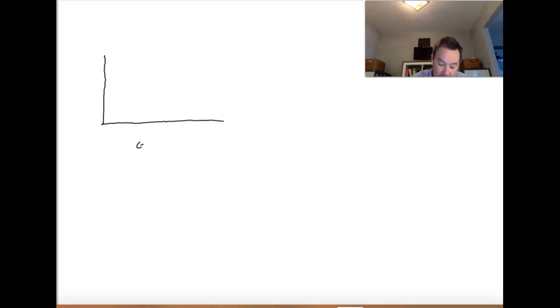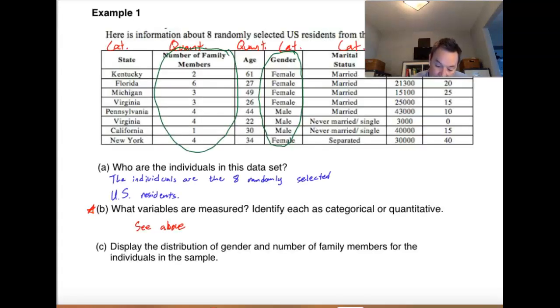All right, so down here, I'm going to label this as gender. We're going to have male and female. And I need to go back and see, what did we have? We had 3 males and 5 females.